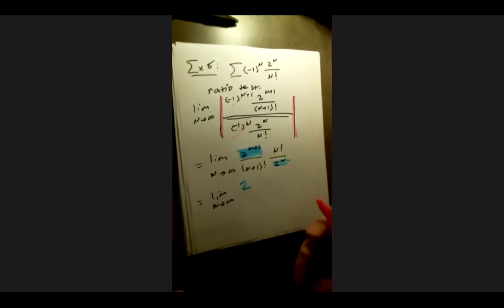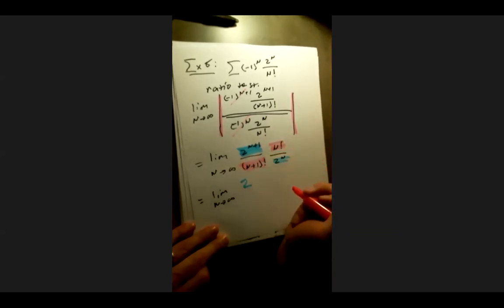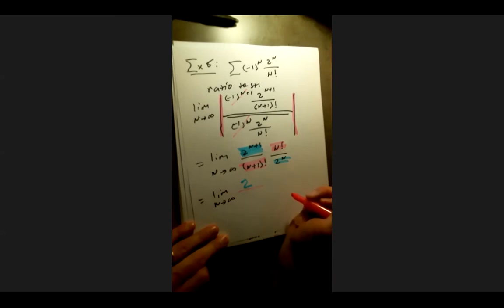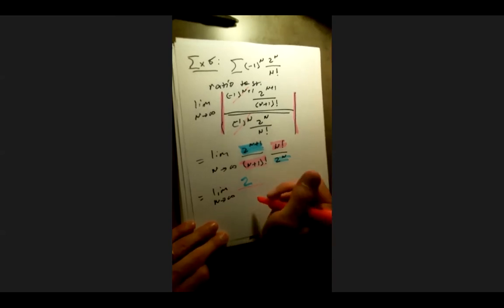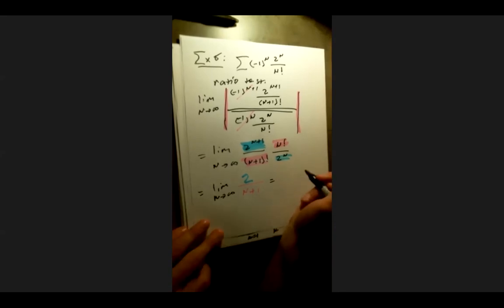And then n factorial over (n+1) factorial is n+1. And the limit as n goes to infinity of 2 over n+1? 0.